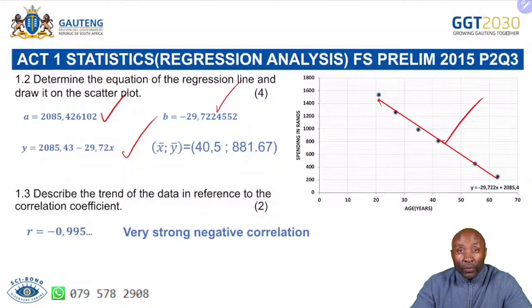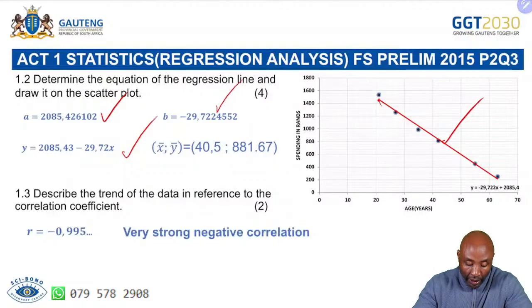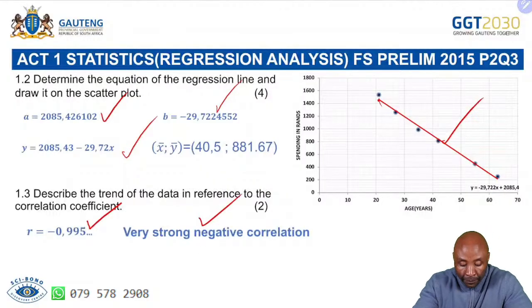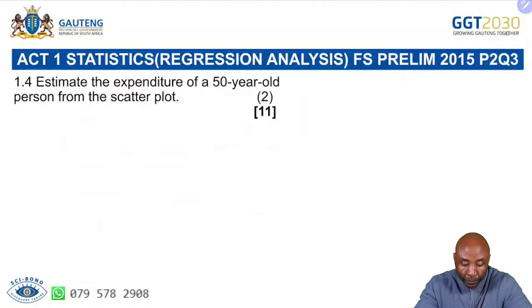If we round up to 2 decimal places, this will give us -1, which could give us a perfect negative correlation. But for now, we will leave it at that. So describe the trend of the data with reference to the correlation. So you get a mark for the correlation coefficient and a mark for the description of the trend, which is very strong negative correlation. Strong negative, that's where you will get a mark.